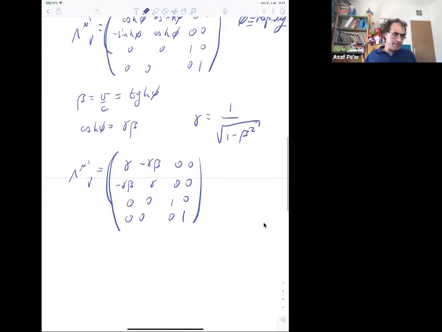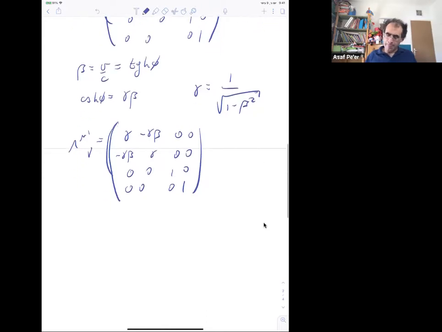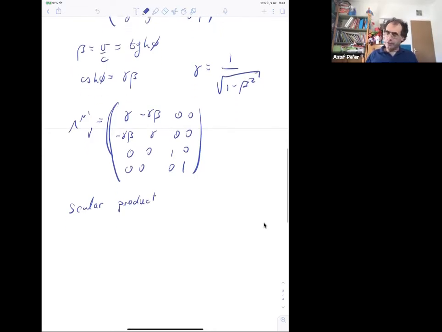Then we discussed the scalar product of two 4-vectors. So we define a covector, B mu, by definition. We use the matrix to lower an index: G mu nu B nu. Of course, there is a summation here.